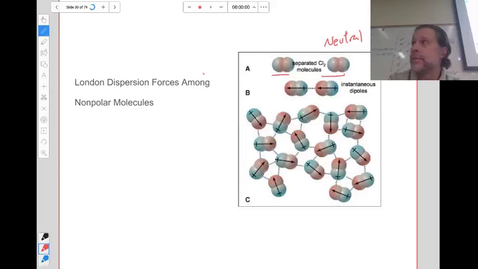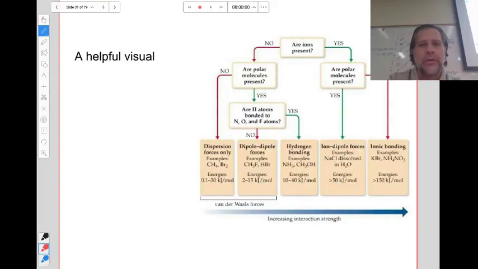Getting closer to the end here. So this is a flow chart that might help you when it comes time to identify what type of intermolecular forces are present. We start with, are ions present? If ions are present, then you ask yourself, is it a polar molecule?